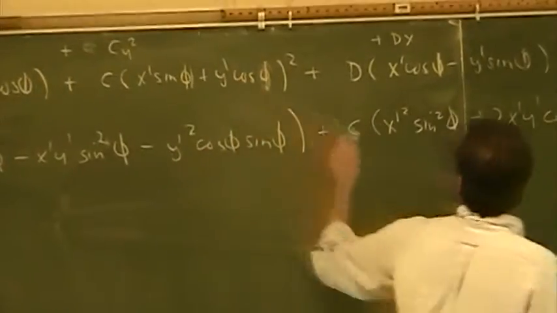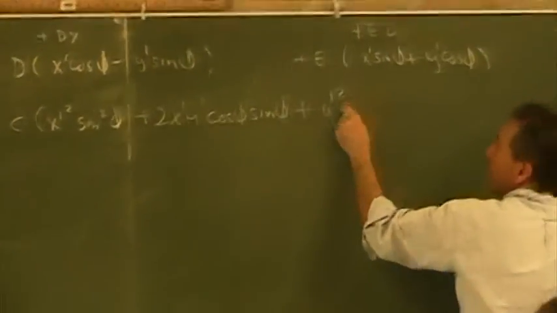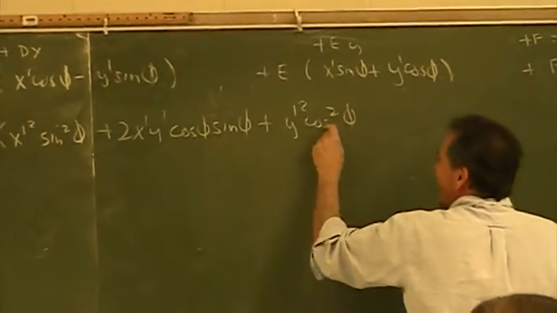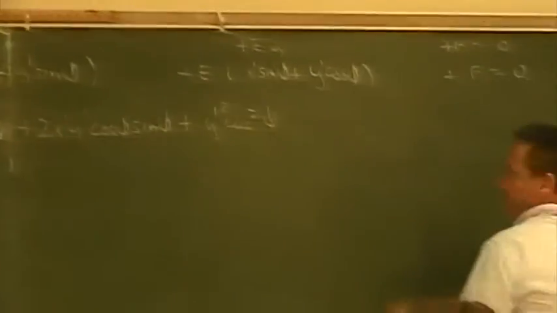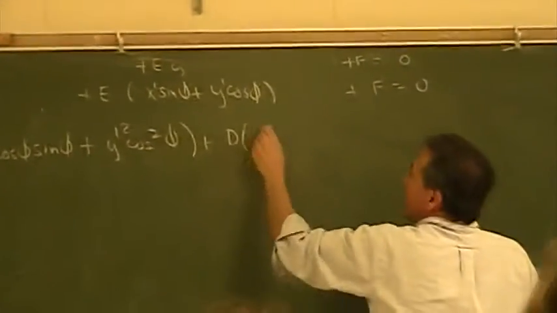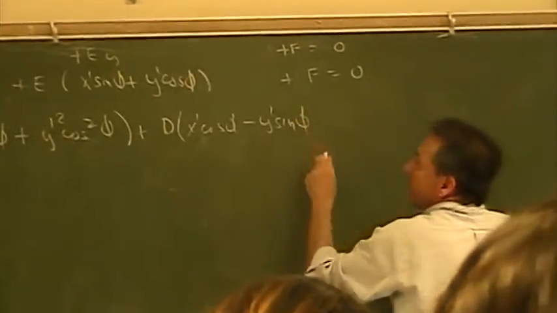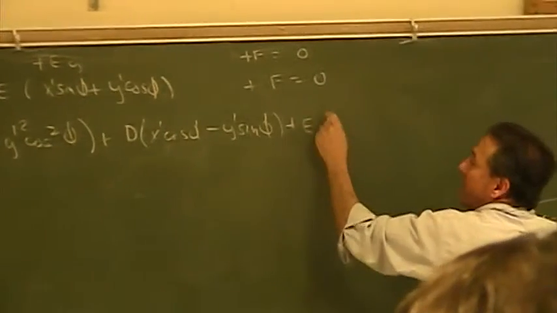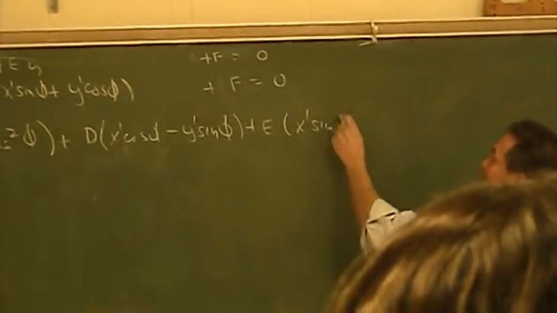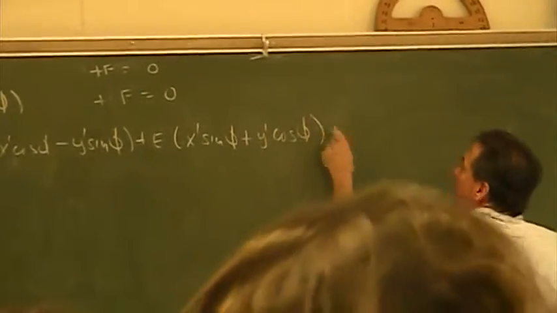We're here. All right. D times X prime cosine minus Y prime sine, plus E times X prime sine plus Y prime cosine, plus F equals 0.